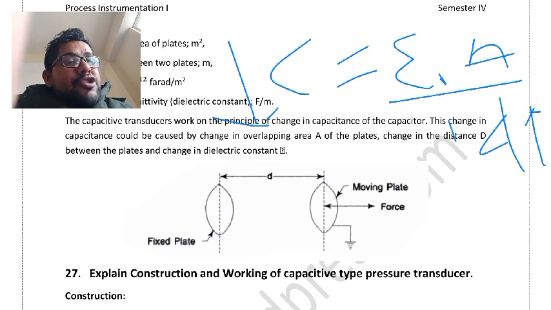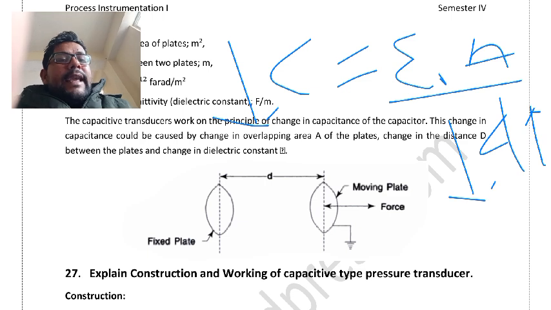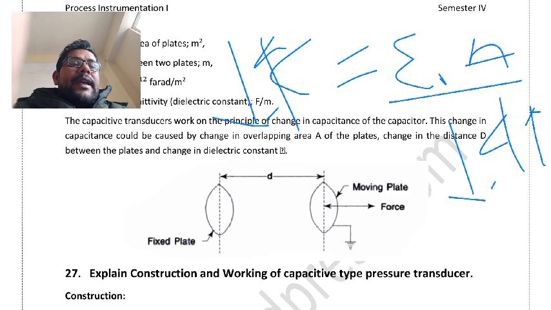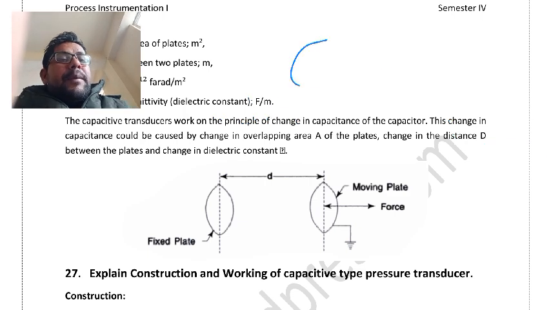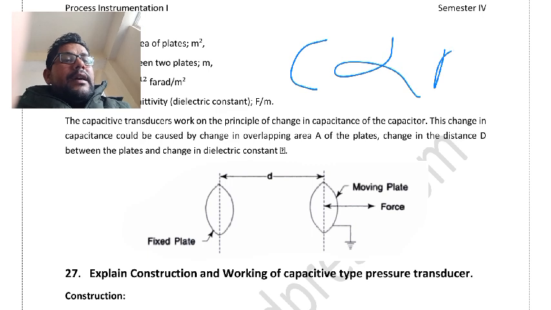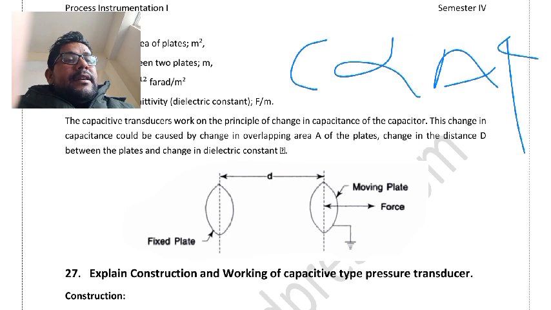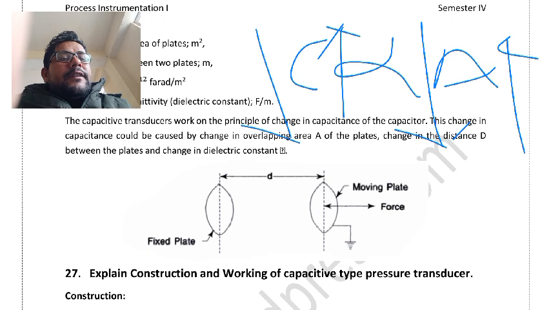If we reduce d, then the capacitance will increase. In case of area, the capacitance is directly proportional to area. If we increase the area, the capacitance will increase. If we decrease the area, then the capacitance will decrease.